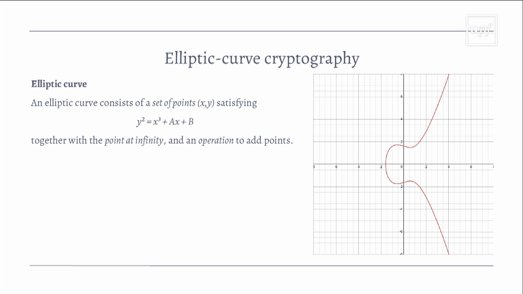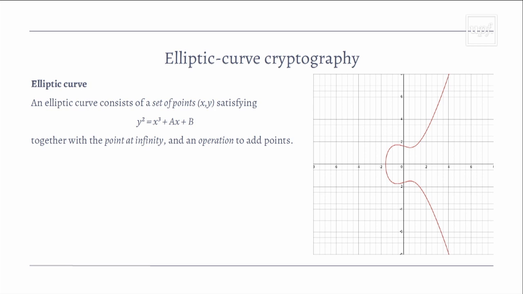So let me take the opportunity to mention how this works, more or less. I'll try to be precise. An elliptic curve is essentially a set of solutions to an equation that usually looks like this. Apart from all these solutions, we also have a special point, which is called the point at infinity.